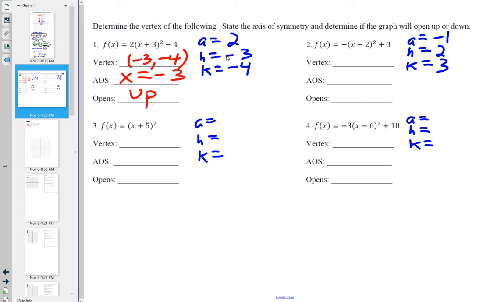Where's the vertex at? Cassandra, what's the formula for the axis of symmetry? Say it better. Good. Darío, up or down? Down. Very good. It is going down. It is negative.